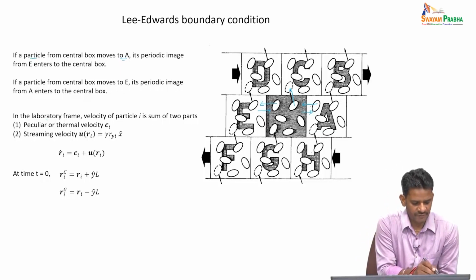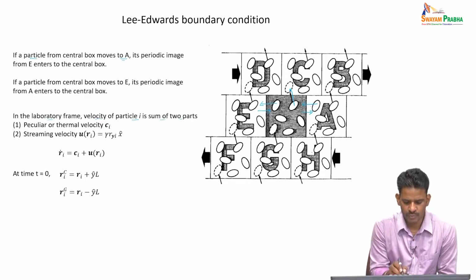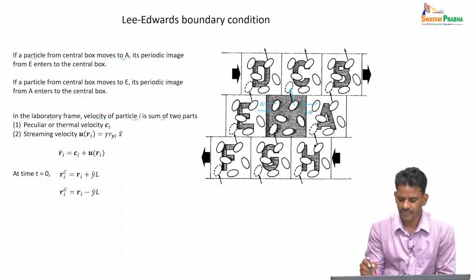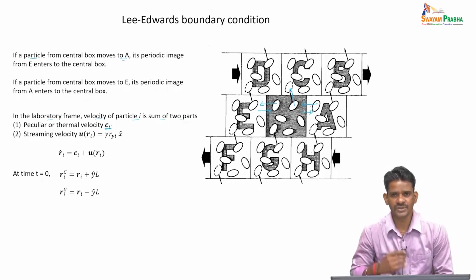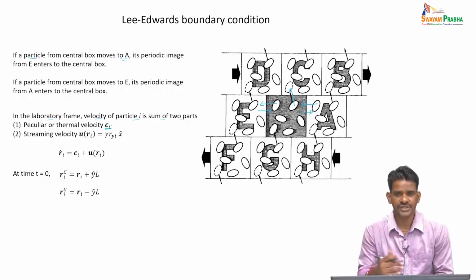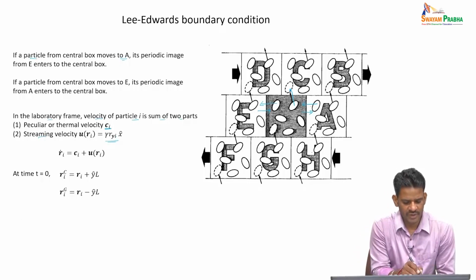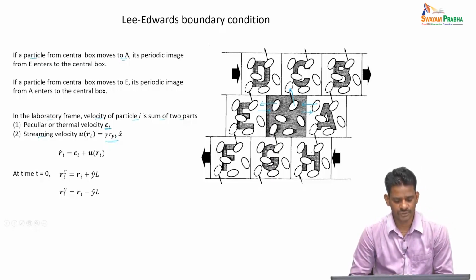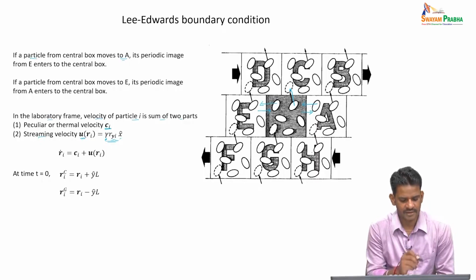Now, in the laboratory frame, every particle i's velocity has two parts. If I look at any particle in the central simulation box, its velocity can be written in terms of two parts. One is the thermal or the peculiar velocity, which comes because of kinetic energy and the intermolecular interactions, and there is a streaming velocity which comes only because of the applied shear through the boundaries, and that depends on the shear rate times the y position of the particle i, in the x direction.